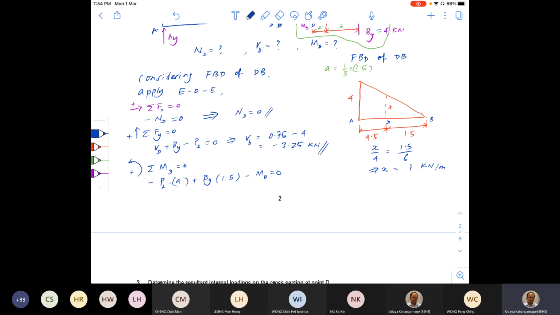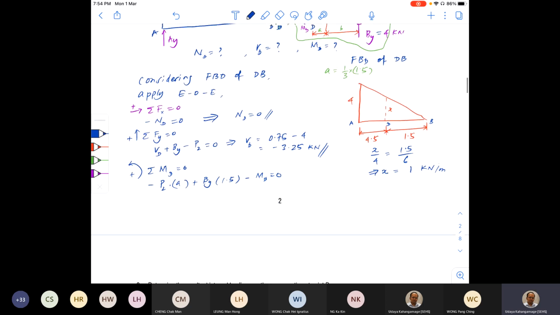Okay, now you can simplify this one, right? So P2, we know the value of P2, negative 0.75 kilonewton into A, we already found as 1.5 over 3, plus By is 4 kilonewton into 1.5 minus MD equals 0. So you simplify this one, you get the answer for MD.